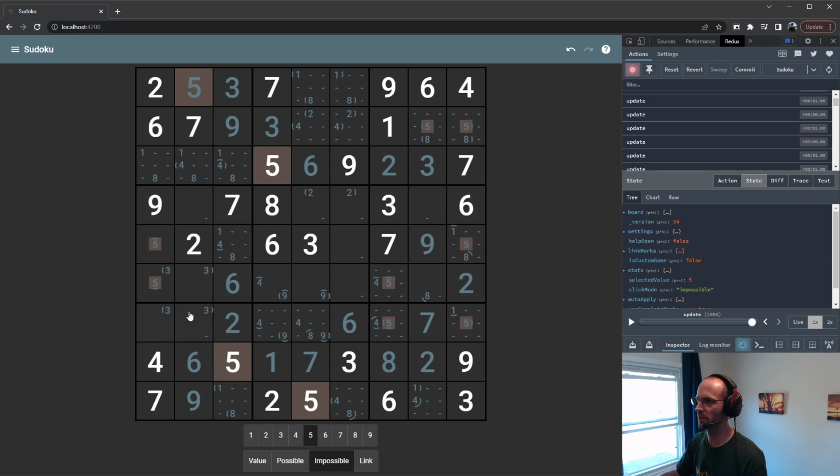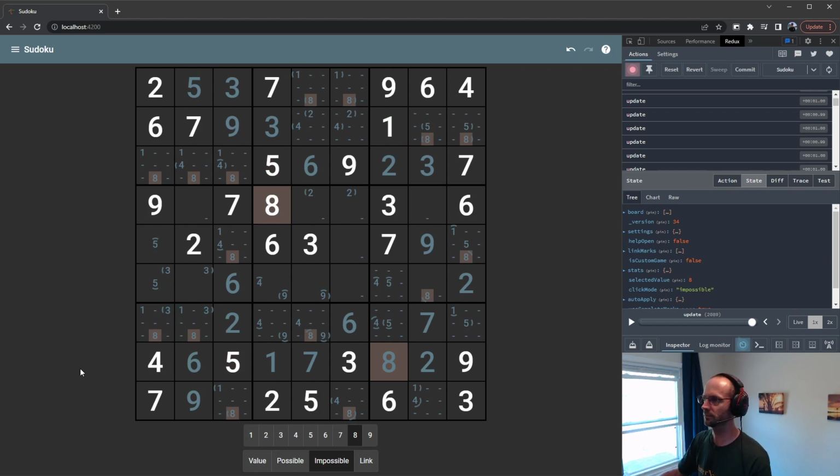And only a couple left in this row slash block, so this should be a 1, 3, 8. 1 is possible, 3 we have marked, 8 is possible, so I guess we have to mark both of them. And what about here?